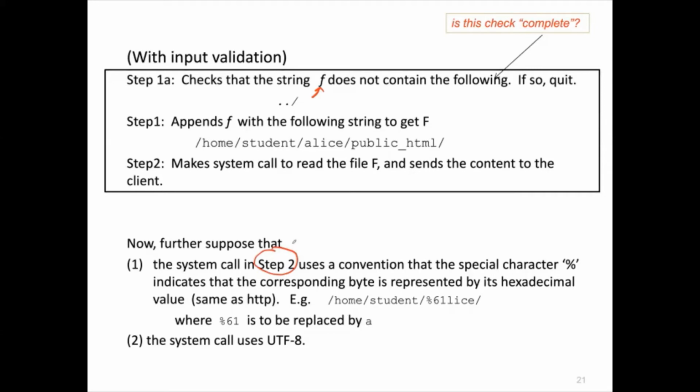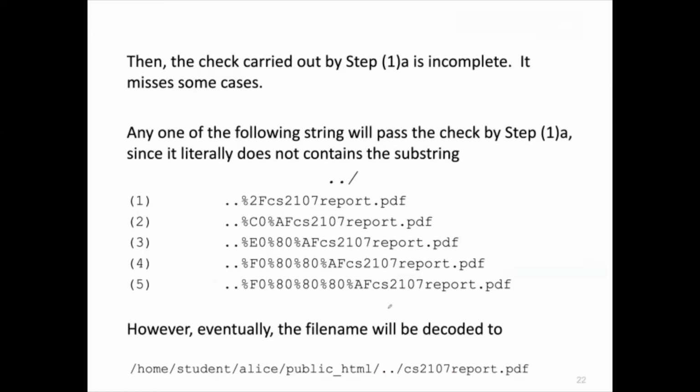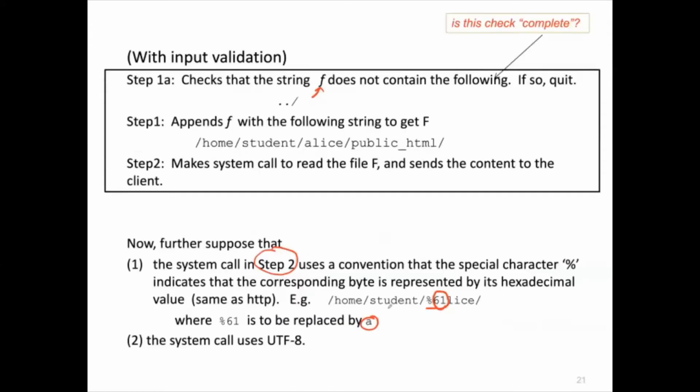So now this check is not complete because ../ has many representations. ../ has this representation, this one, this one, this one, and this one. If the user keys in any of these 5, the file name will be decoded to this. So it's because of this multiple representation that it creates difficulty in doing input validation.